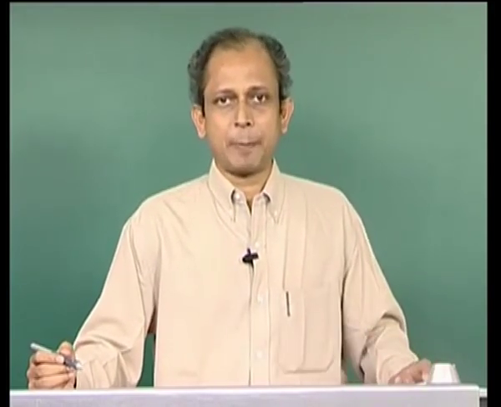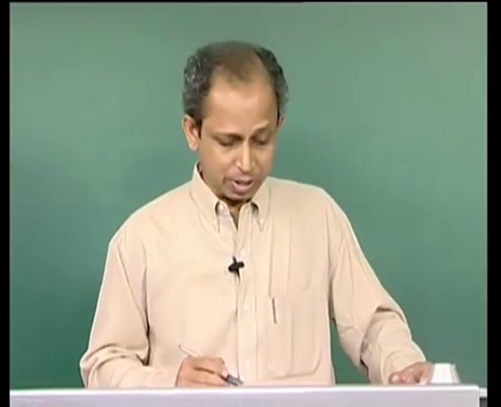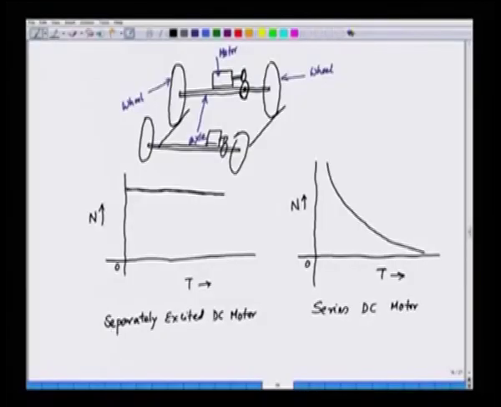One wheel may run at a different speed, very minor different speed than the other wheel. So, in that situation, the two motors will not be running at the same speed. Suppose let us take the first situation, separately excited DC motor, and we are supplying this from the same converter. So, say for example, say the motor number 1 is running at N1 speed, and motor 2 is running at a little lower speed, which is N2.